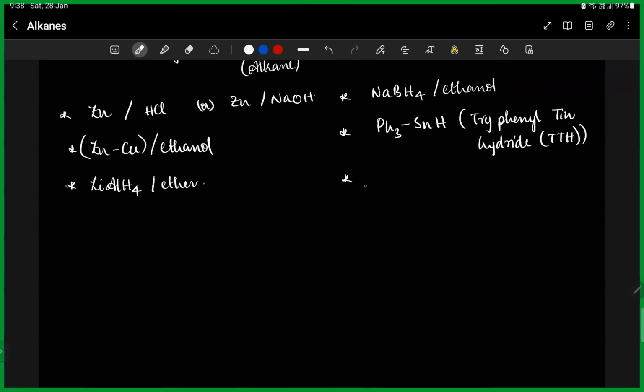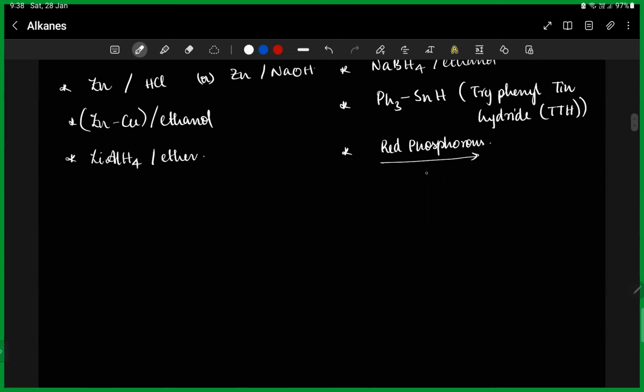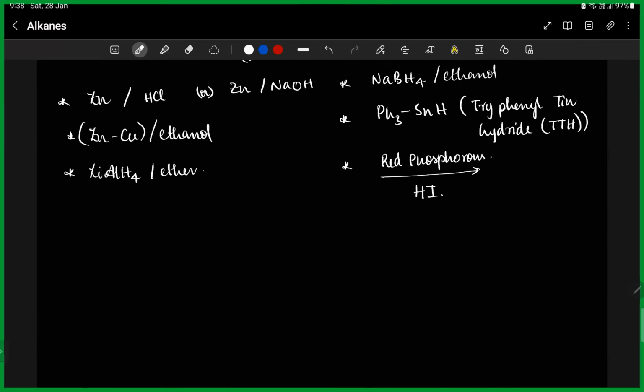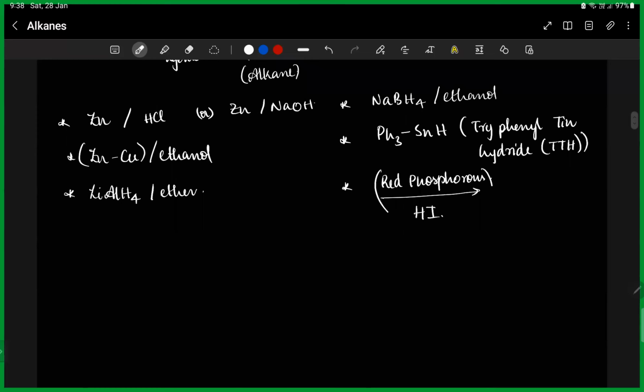And the most important of all is red phosphorus with heat. Red phosphorus with HI. This is the most powerful reducing agent in the whole of organic chemistry.